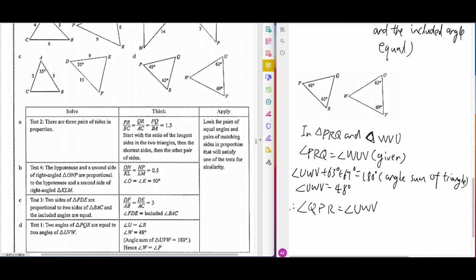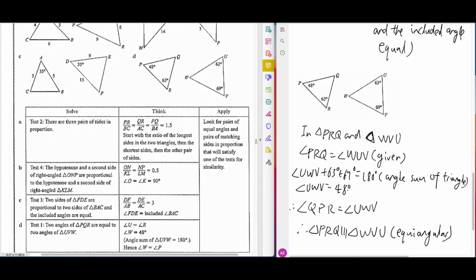Okay, so now we found that 2 angles are equal, then you can just say therefore triangle PRQ is similar to triangle WVU. And the reason for this is actually the shortest one. You can just write equiangular. So this is the similarity proof which has the least amount of reasoning in your last step. What equiangular means is all the angles are equal. It's just one word that will represent equal angles.